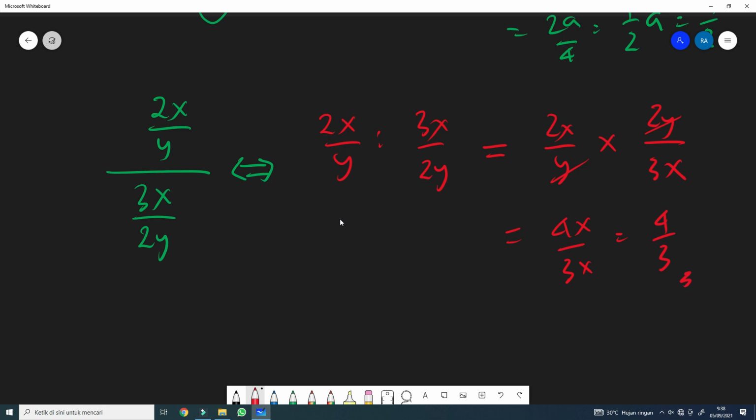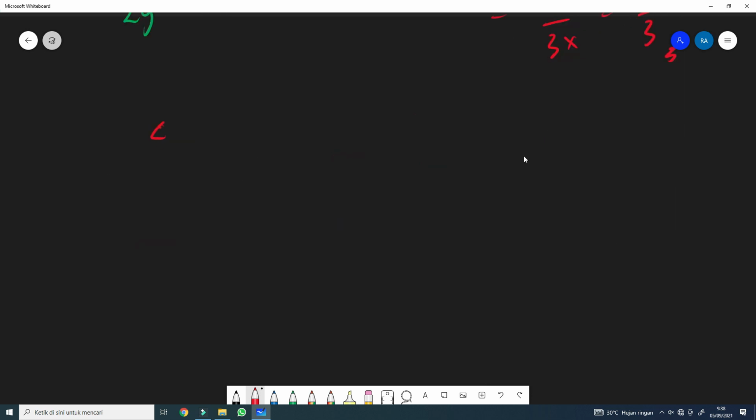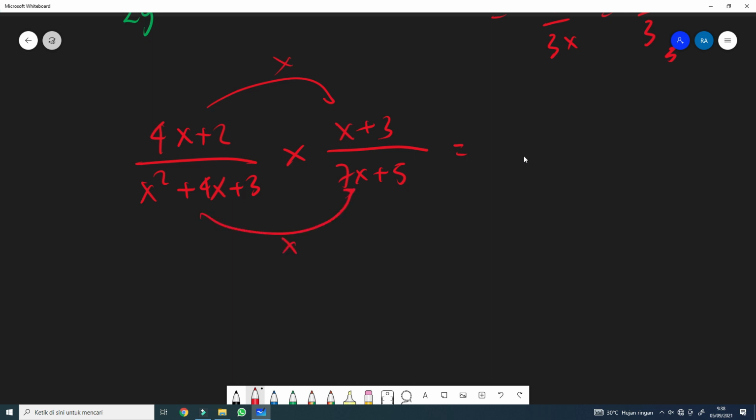What about we move to a bit more complex equation? Suppose we have 4x plus 2 over x squared plus 4x plus 3 multiplied by x plus 3 over 7x plus 5. This equation, we cannot just multiply here to there because it makes it more complicated and confusing.